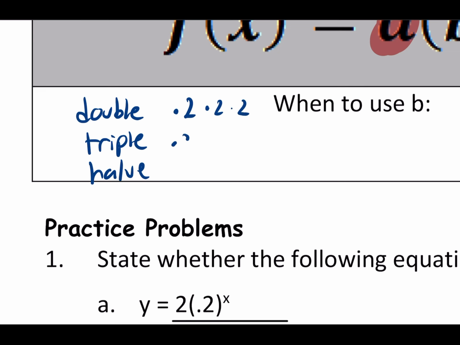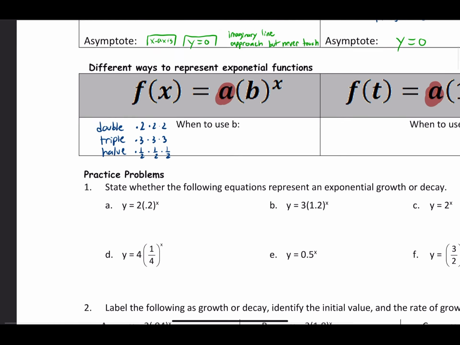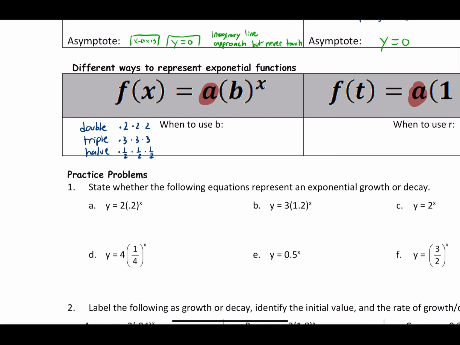Or tripling, times 3, times 3, times 3. Or halving, times 1/2, times 1/2, times 1/2. We use B when we can describe our exponential growth or decay factor. What's the thing that we're multiplying over and over with when we're dealing with a factor?